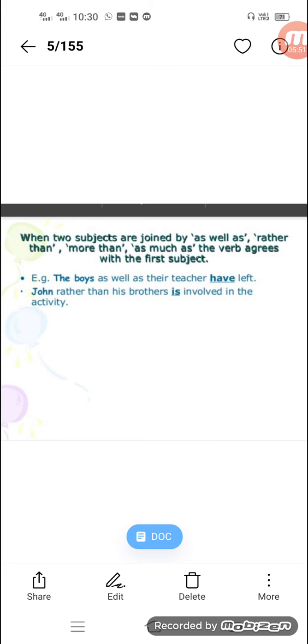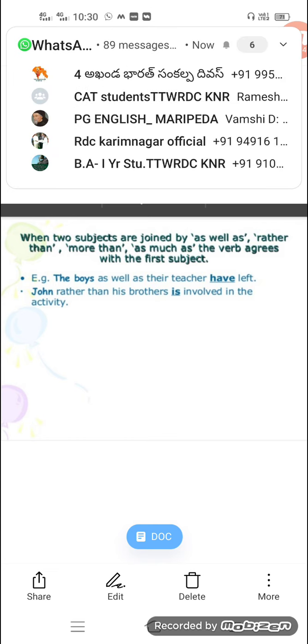Here, the boys as well as their teacher, so we take the boys. The boys is plural, so we use a plural helping verb. John rather than his brother is involved in the activity, right? Here John is singular, and that's why we have to use the singular helping verb.